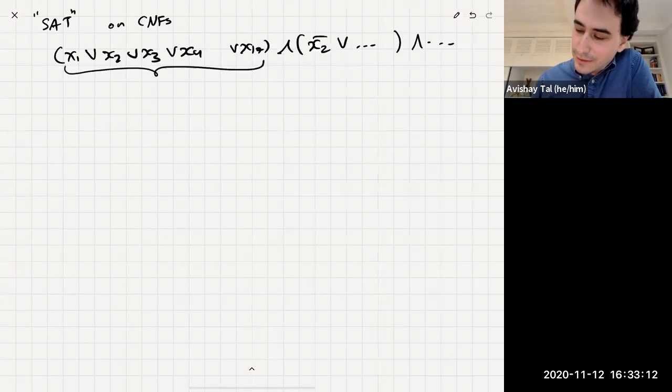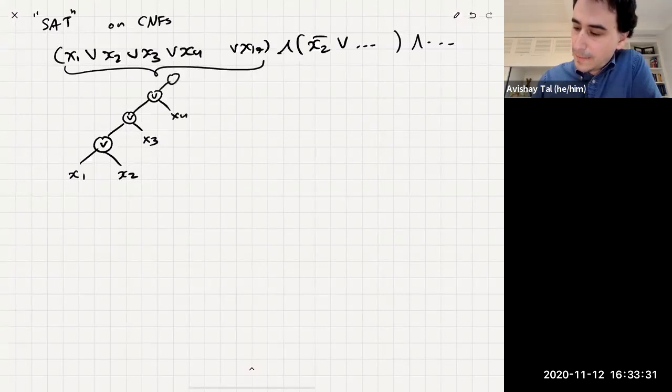If you think of this clause as a circuit, how would this circuit look like? It's something like this, right? It's the OR of these two. Then I take the OR with x3, then the OR with x4, and then the OR with x17, right?